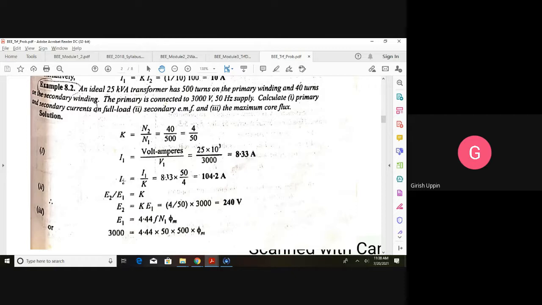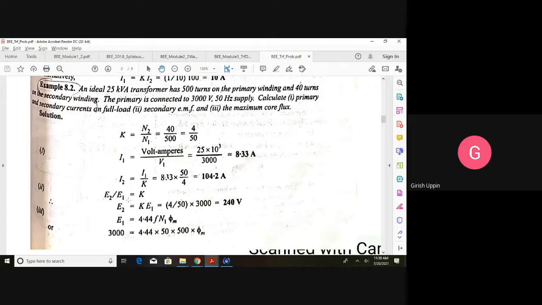Therefore I2 is I1 by K, 8.33 into 50 by 4, which gives 104.2 amperes. So when the transformer is loaded to 25 kVA, 8.33 amperes flows on the primary side and 104.2 amperes flows on the secondary side.